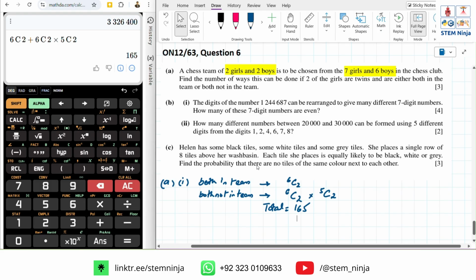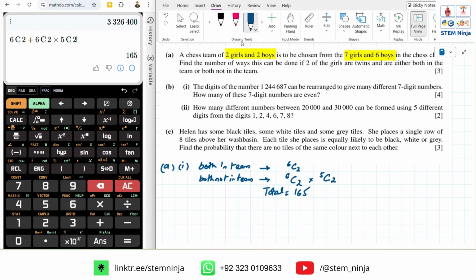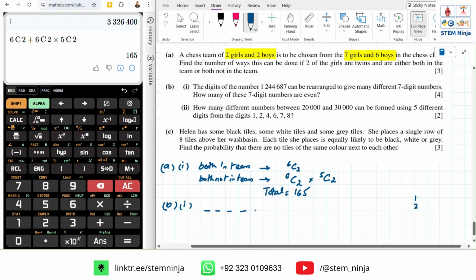The digits of the number 1, 2, 4, 4, 6, 8, 7 can be rearranged to give many seven digit numbers. How many of these 7-digit numbers are even? Okay, so even numbers will need to end with 2, 4, 6, or 8.